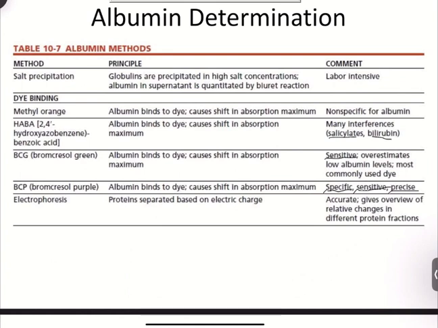Electrophoresis, a protein separated based on the electric charges. This is also accurate. Okay, it gives you an overview of what other proteins are present in that specimen because it will have a cathode and an anode wherein charges will travel from your cathode to your anode.